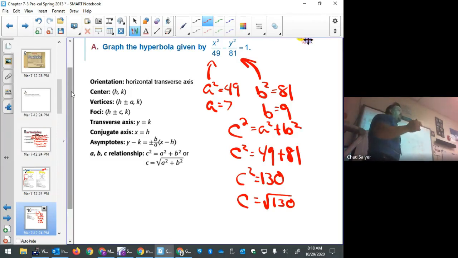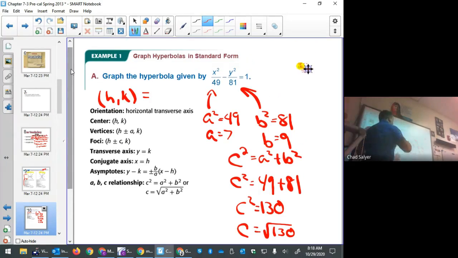Now, H and K, if we remember the formula in question here, remember it's x minus h. So what value is modifying x in this case? 0. There is no modifier. So that means 0, not 1, 0.